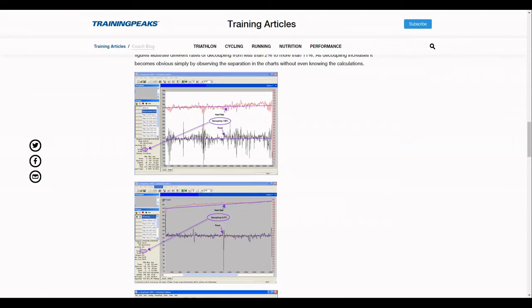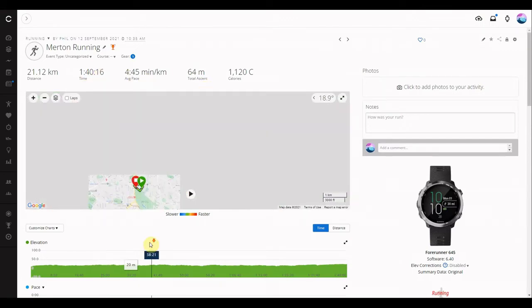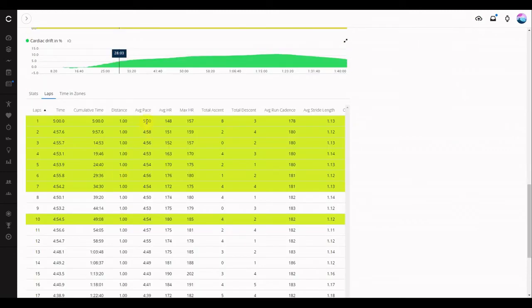So let me show you an example of decoupling. That was my half marathon PB. As you can see, I was trying to be constant at the beginning, 5 minutes per kilometer, but you see my heart rate increased by quite a lot. So you can see it here, 5 minutes, more or less.